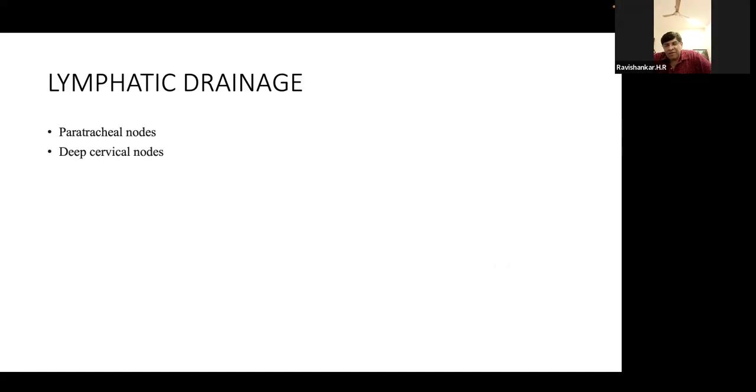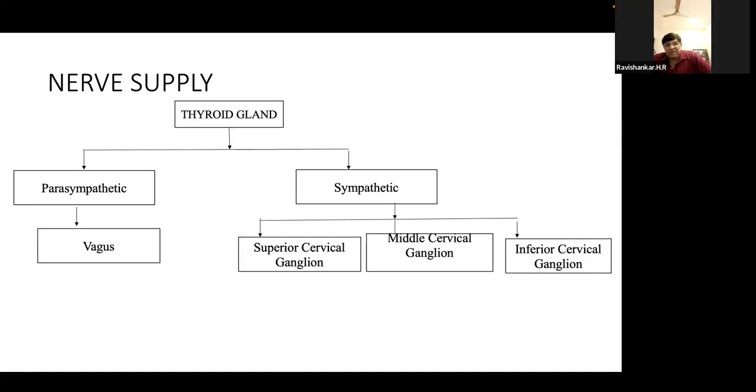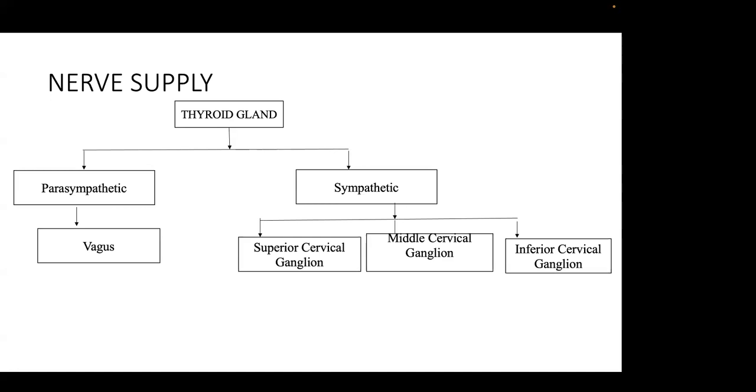Okay. So Vinod is going for exam. So let us hear what Vinod says. Vinod, talk about the lymphatic drainage of thyroid gland and its significance. Yes, sir. Generally, the lymphatic drainage from the thyroid will be to the sixth level of lymph nodes.